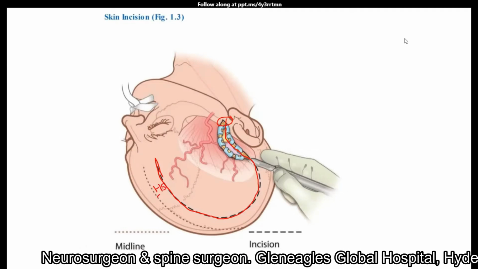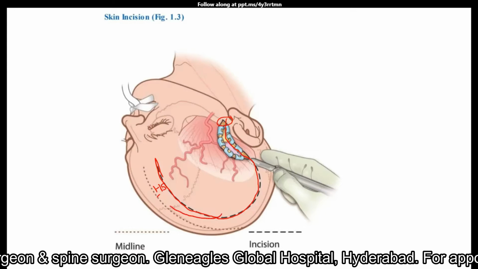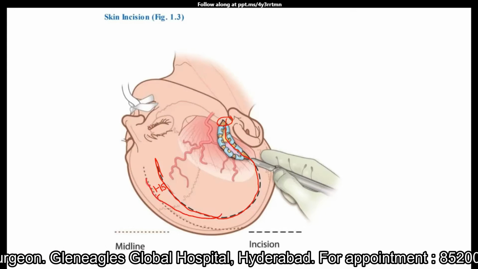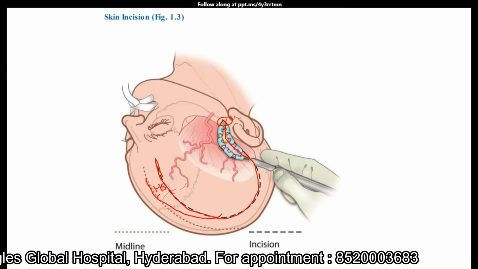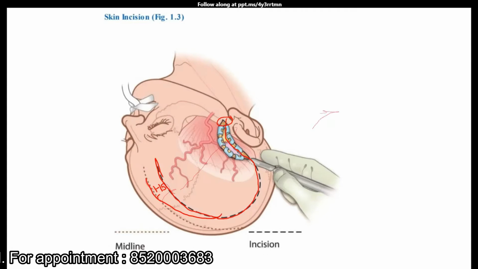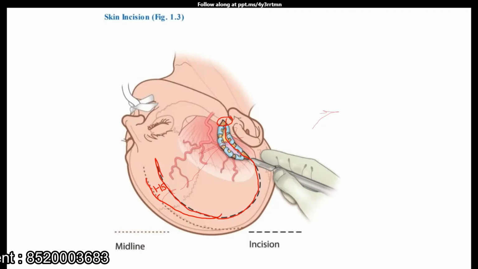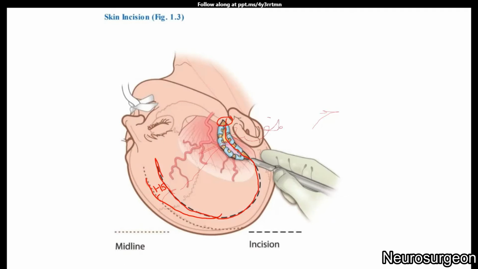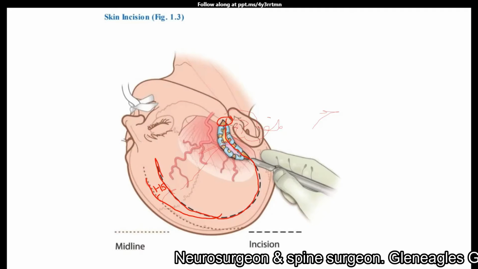Some surgeons prefer to take the incision until the midline, but they ensure that there is sufficient gap between the burr holes and the midline.